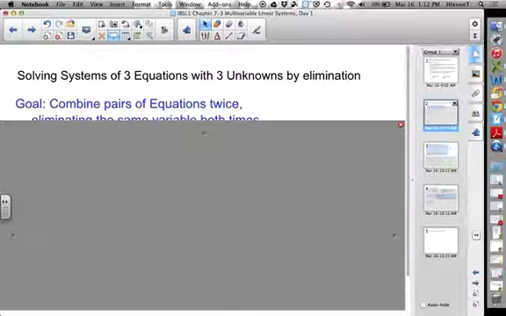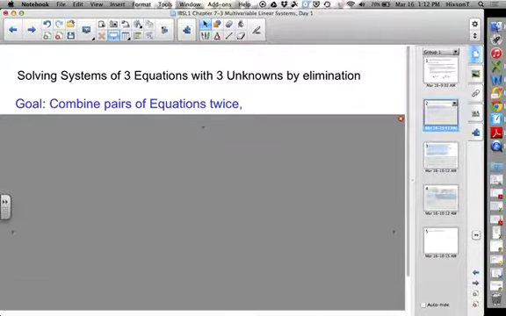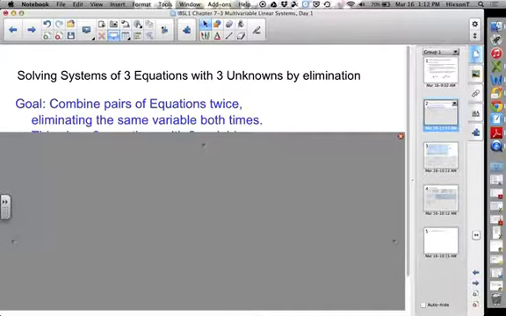And obviously, if we're going to combine pairs of equations twice, we're going to have to use one of the equations twice. Alright? So we might combine the first and second equation and then the second and third equation to get two pairs of equations. What we're going to do though is we're going to eliminate the same variable both times.